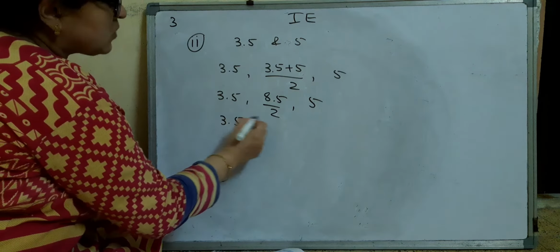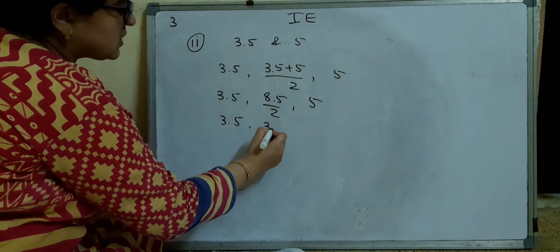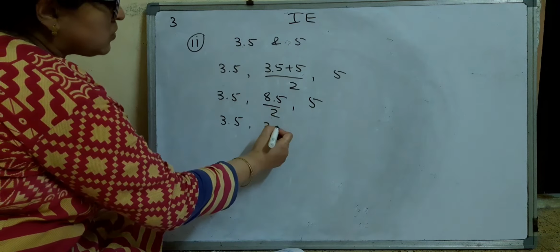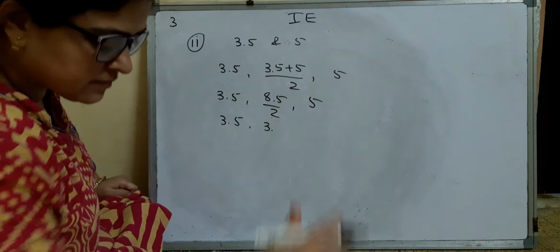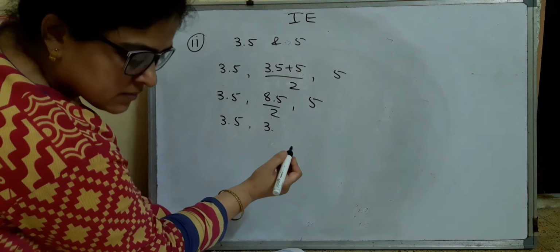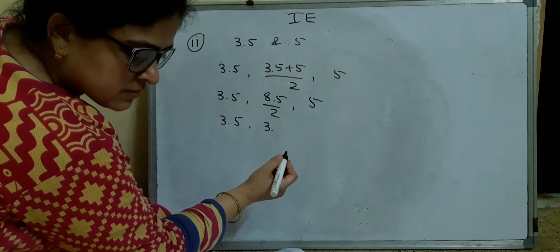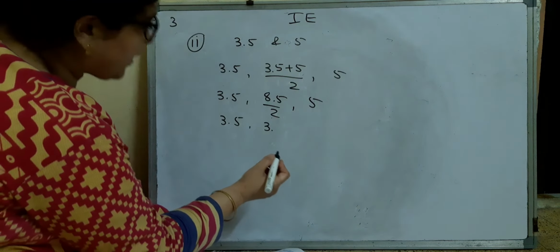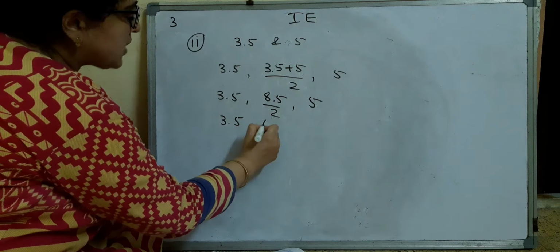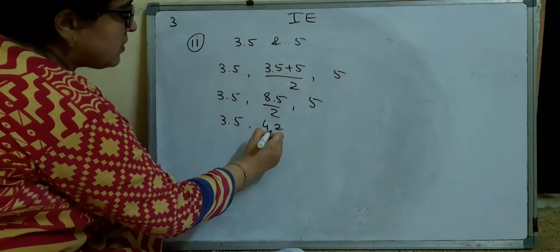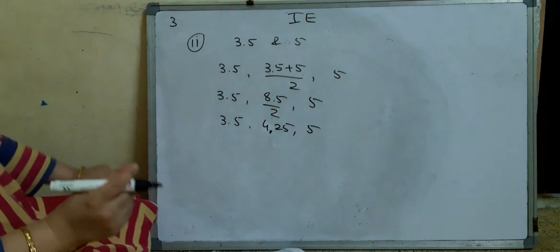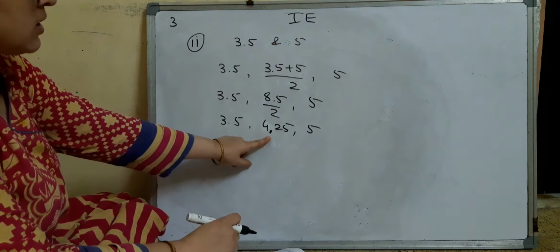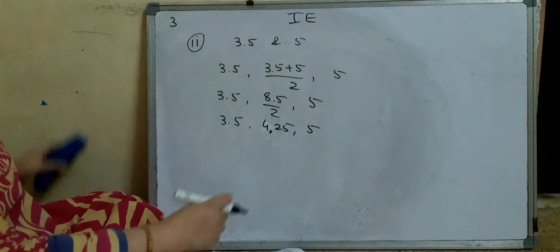So divide by 2: 2 4s are 8, 2 2s are 4 and 2 5s are 8. 4.25, between 3.5 and 5. So the inserted rational number is 4.25.